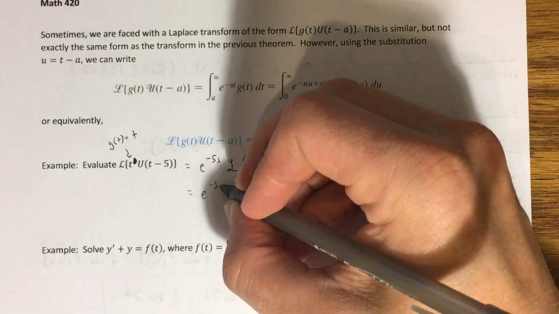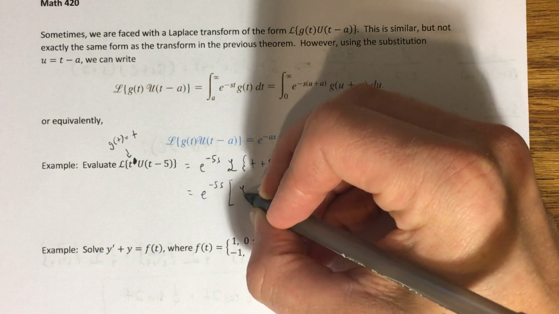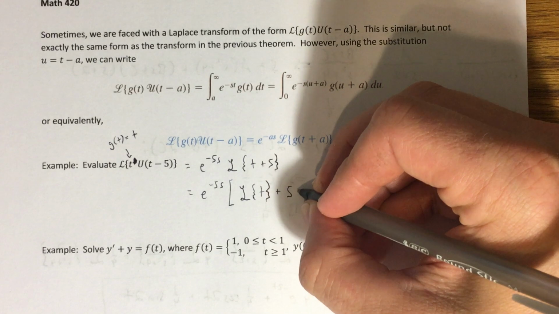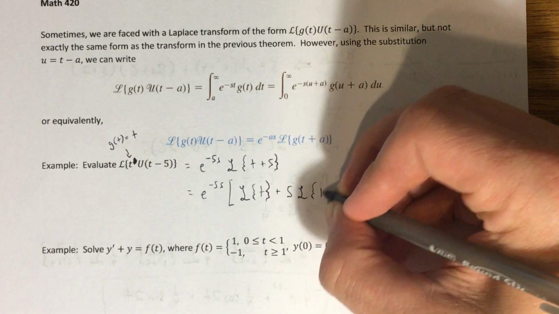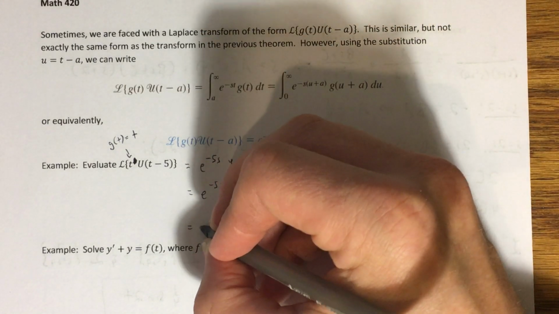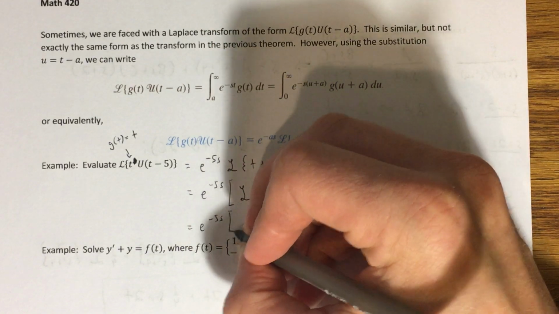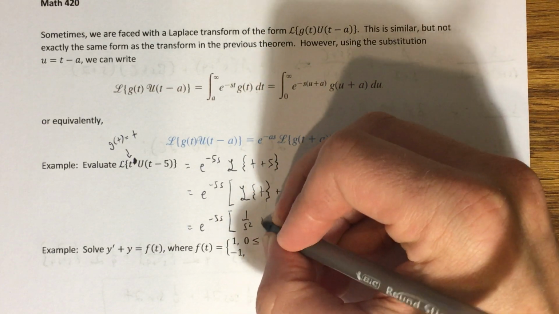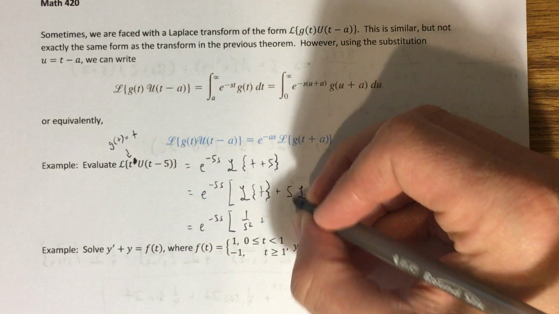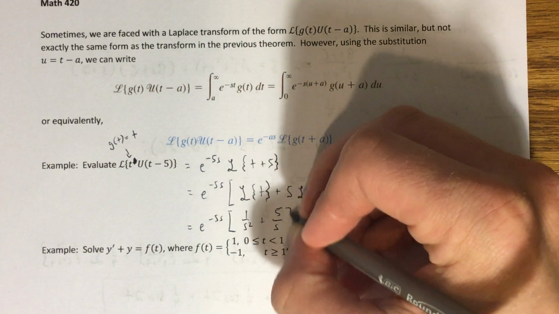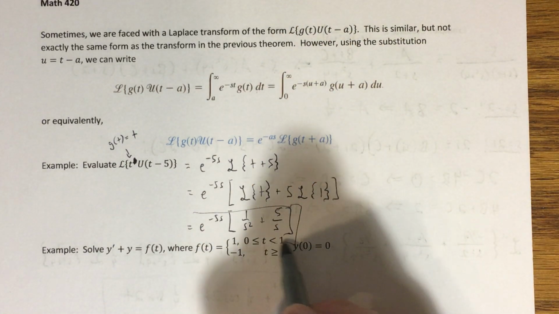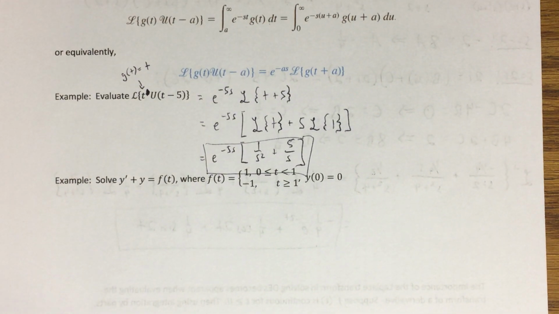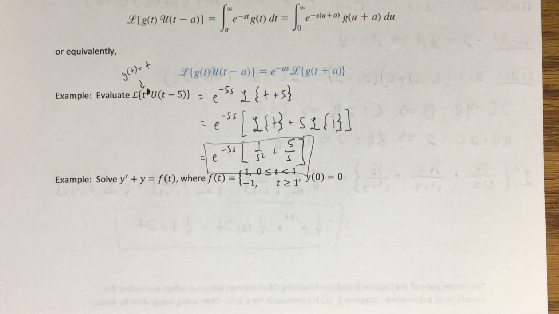This is e to the negative 5s times the Laplace transform of t plus 5 times the Laplace transform of 1, which would equal e to the negative 5s times, Laplace transform of t is 1 over s squared, Laplace transform of 1 is 1 over s times 5 would be 5 over s. I don't need a common denominator or anything. I can just leave it like that. So that's using that other form of that second translation theorem.